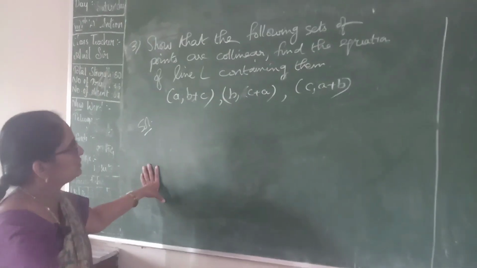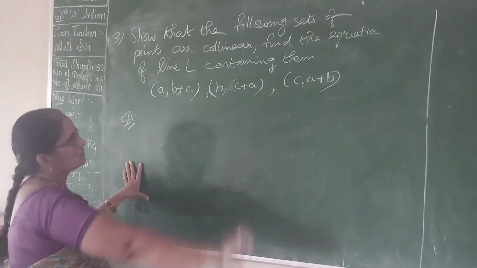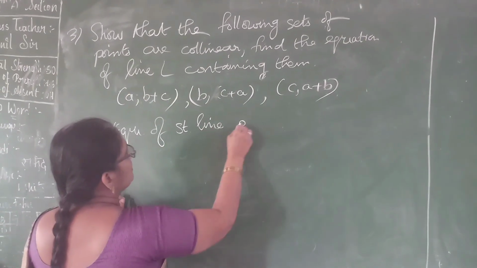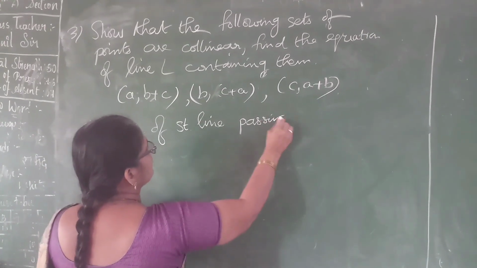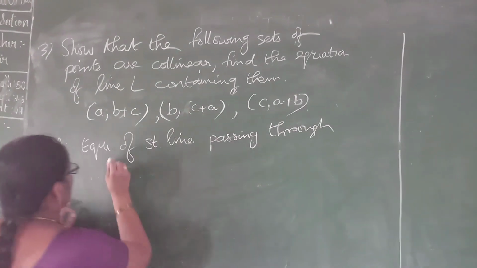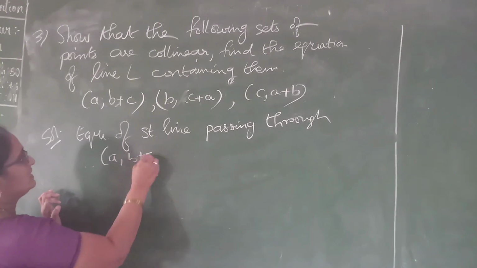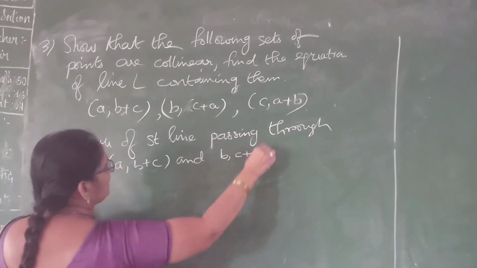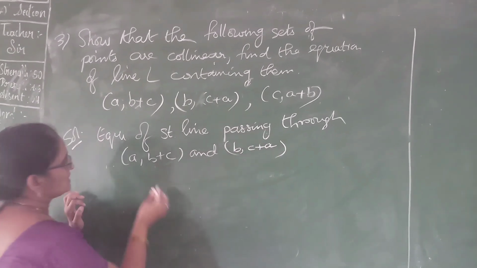Here also we have to prove these 3 points are collinear. So again you will be writing the equation of the straight line passing through (A, B plus C) and (B, C plus A). How are we going to do this?